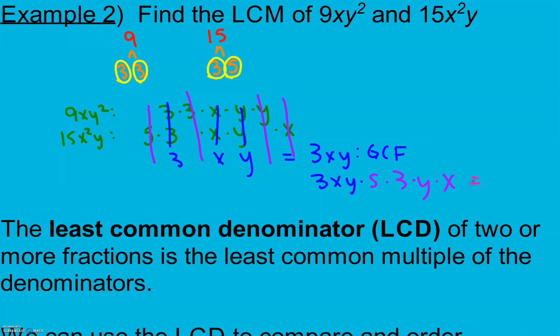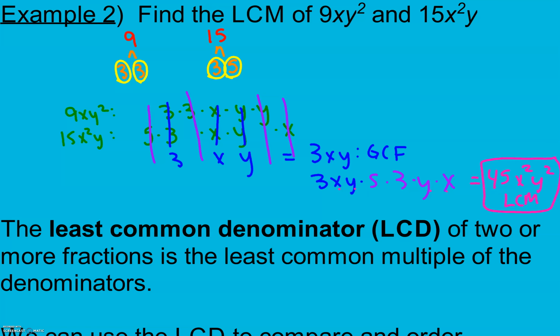And here, 3 times 5 times 3 is 45. X times x is x squared. Y times y is y squared. And that's my least common multiple.